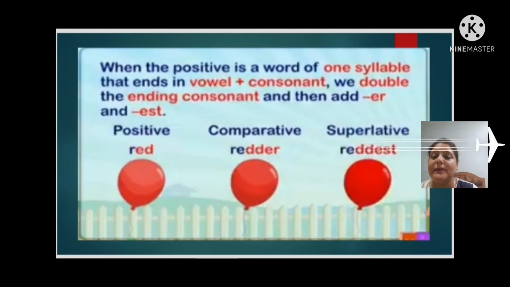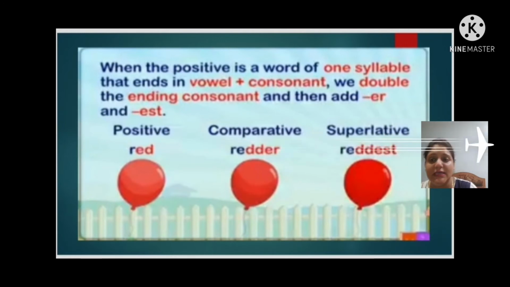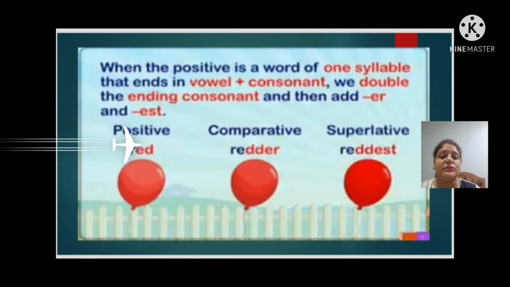See example: red. Red ends with D, the consonant, and there is a vowel before D, that is E. So we are going to double the consonant at the end. Redder, reddest.